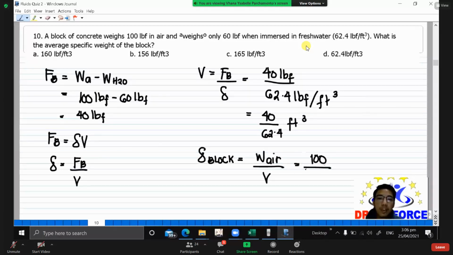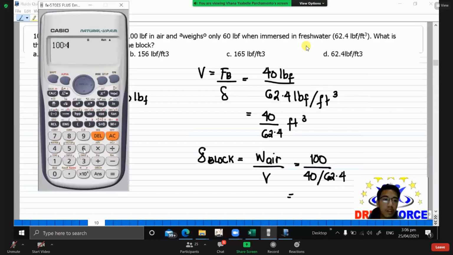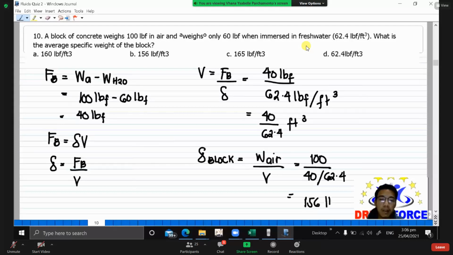So we have 100 divided by yung volume natin na 40 divided by 62.4. Okay, what is the specific weight of the block? Okay, so we have 100 times 62.4 by 40. Okay, we have exactly 156 pound force per cubic feet. Okay, that is letter B.